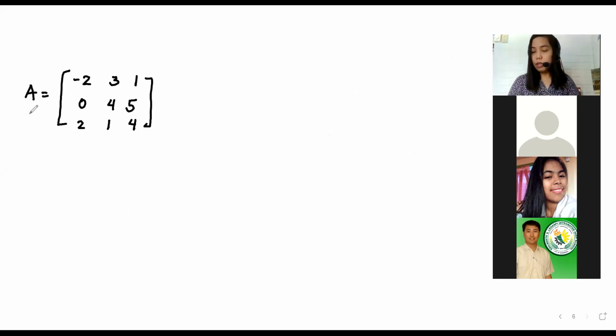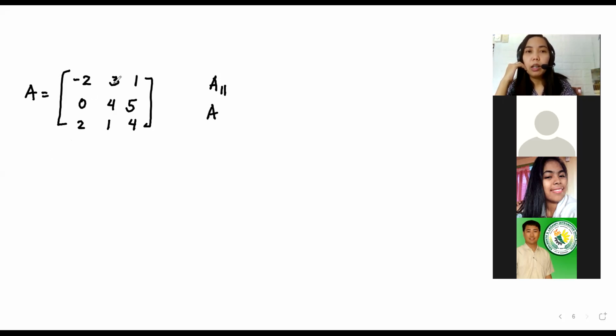Okay, so matrix A: negative 2, 3, 1, 0, 4, 5, 2, 1, 4. So we denote minors as A sub mn. A11 means row 1, column 1.